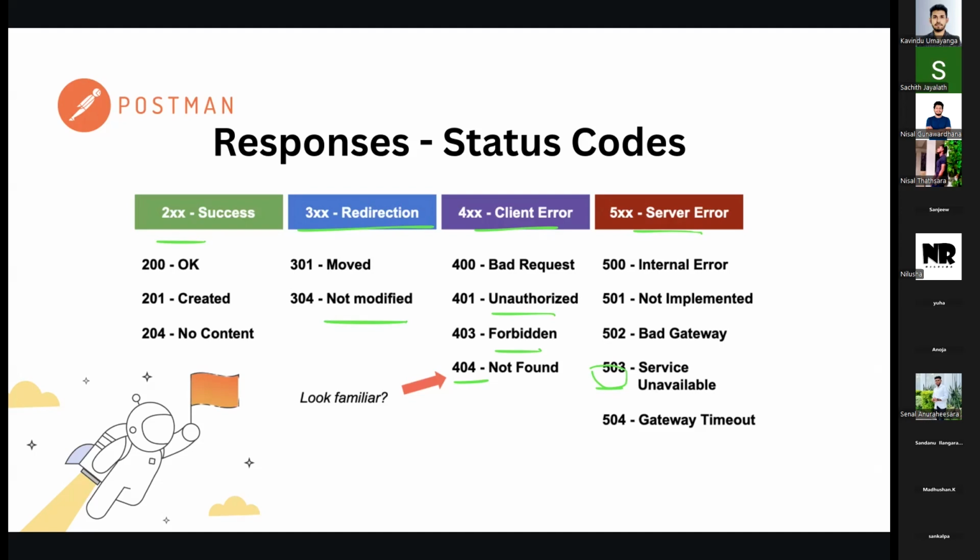Assume we create some specific request, then the response for that request comes with a status code. If we create the request and the server side responds successfully, then we can see a success code like 200 or 201 or 204, right? Again, if we create a request for the server side, but it redirects to another place.